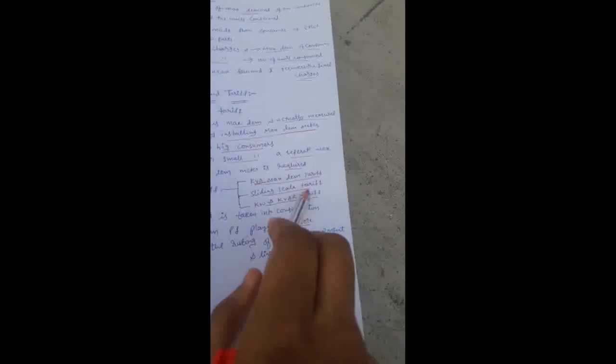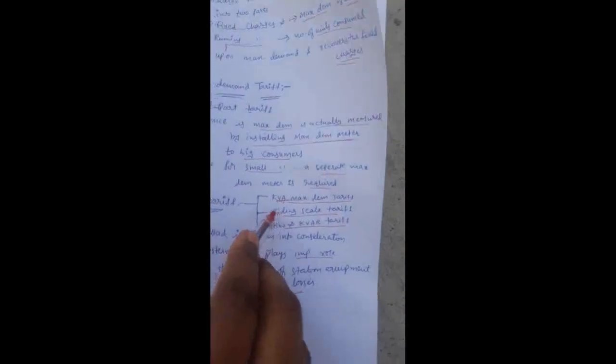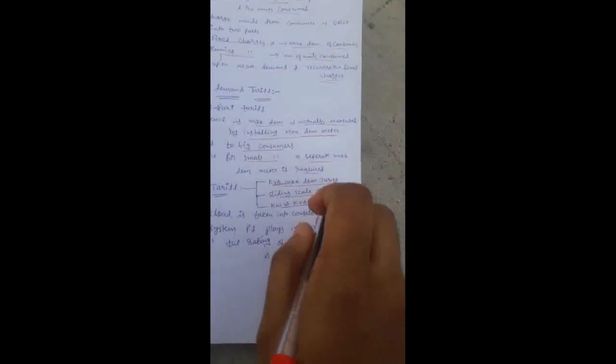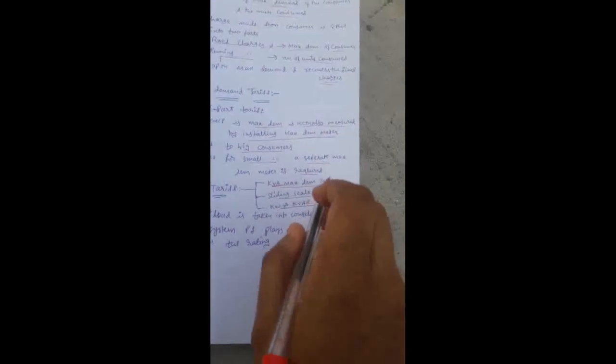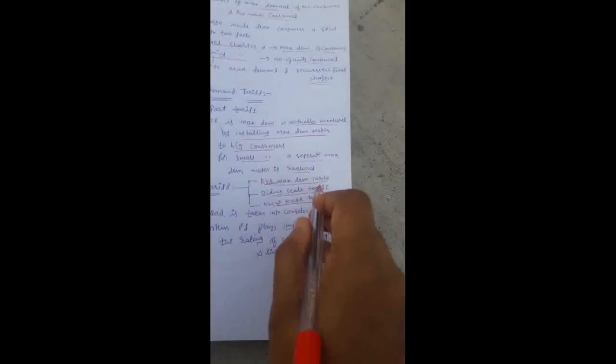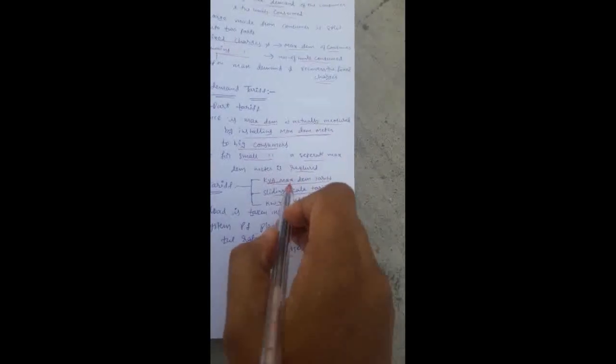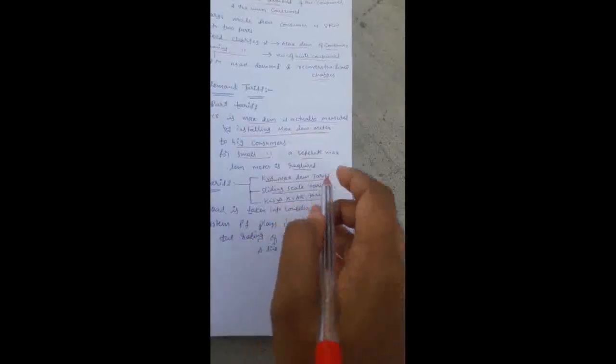The next tariff regarding the power factor tariff is the sliding scale tariff. In sliding scale tariff, the average power factor is considered. It is also known as the average power factor tariff. Say the power factor is 0.8 lagging.